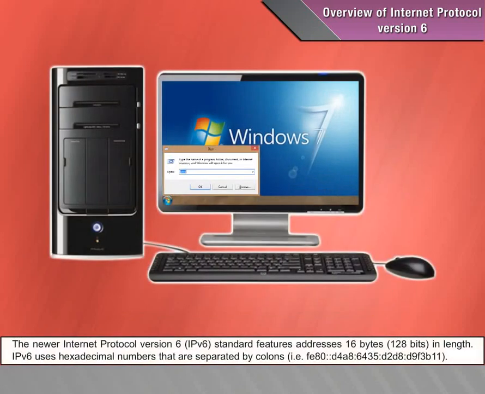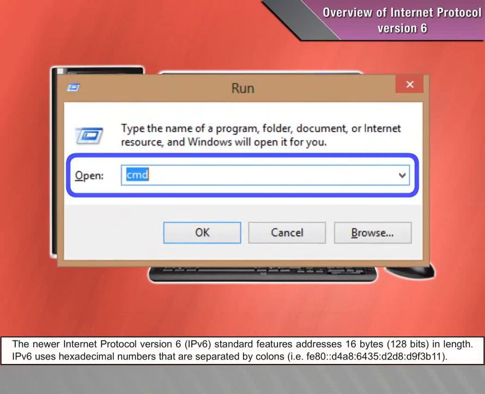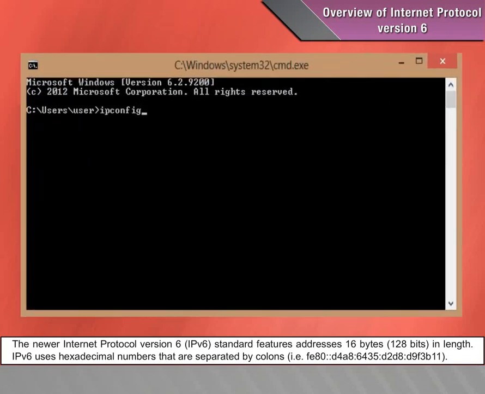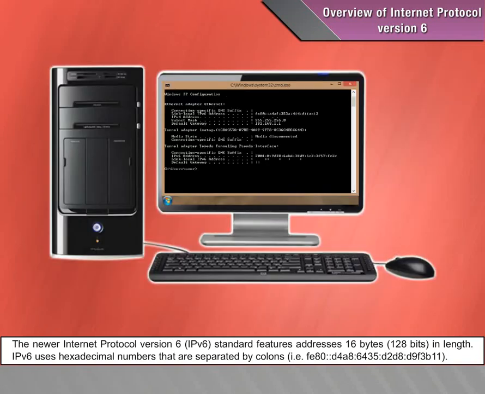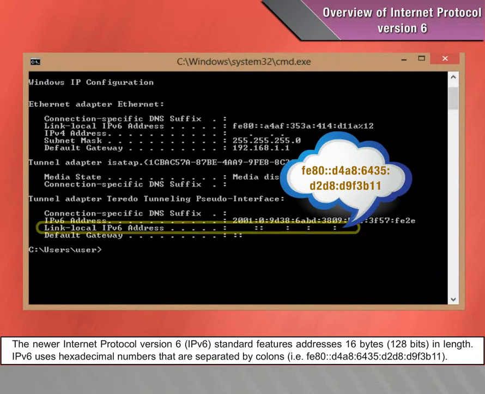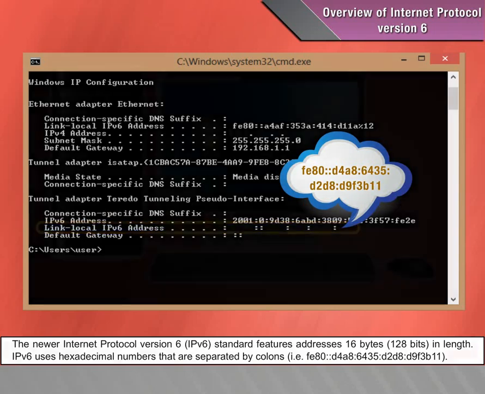The newer IPv6 standard features addresses 16 bytes, that is 128 bits, in length. IPv6 uses hexadecimal numbers that are separated by colons, that is FE80:D4A8:6435:D2D8:D9F3:B11.